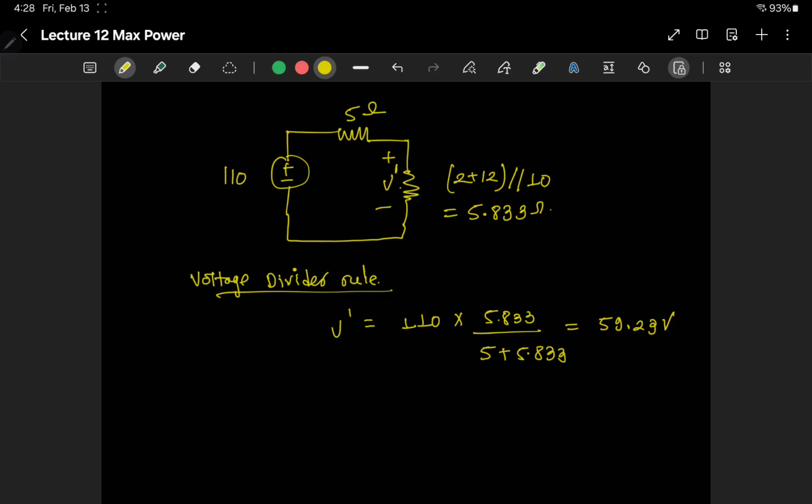Okay, so now we saw the voltage that is generated using that voltage source only. Now let's see what is the effect of the 4 ampere current source.